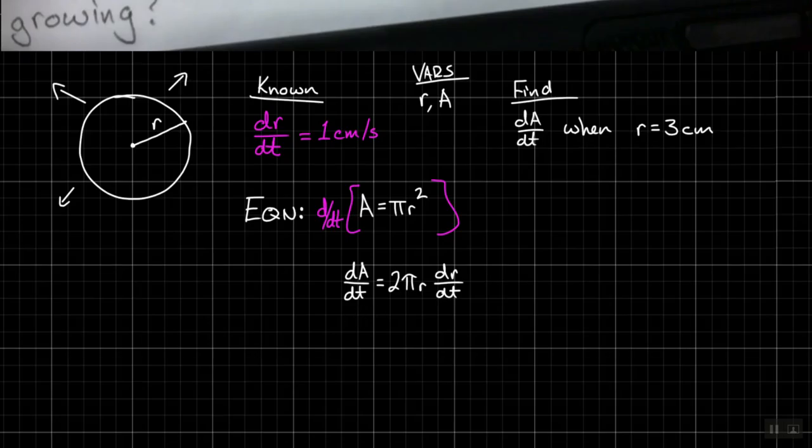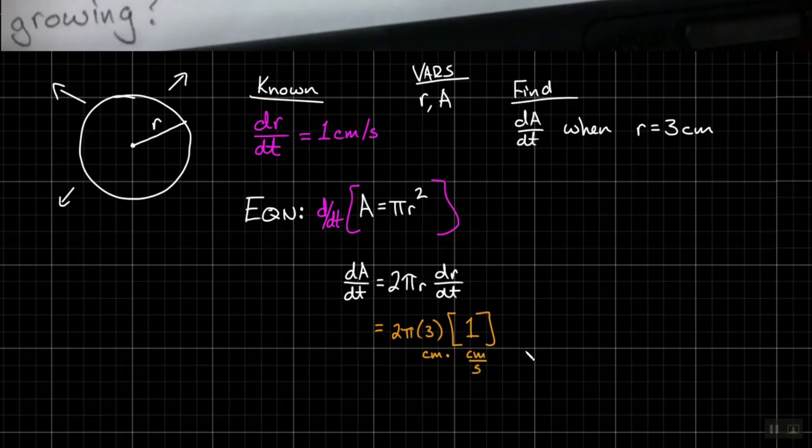I'm trying to find dA dt when, what do we know? When r is 3, so it's 2 pi times 3. And what was dr dt? 1. Now I'm going to do one little thing here. I'm going to play the unit game right now because I'm already here. This r was measured in what? That was centimeters. And this 1 was measured in what?